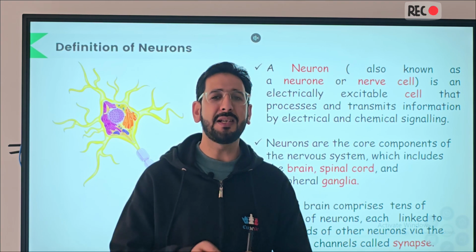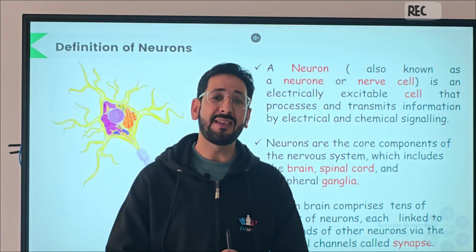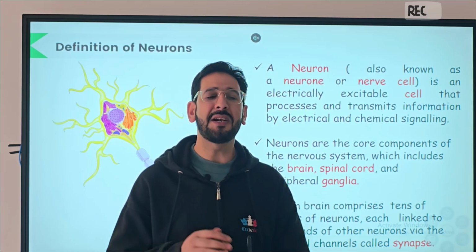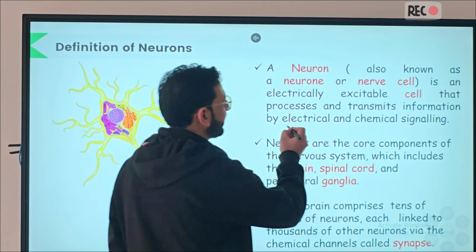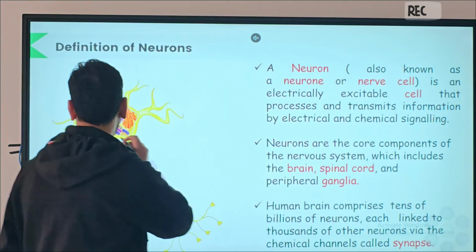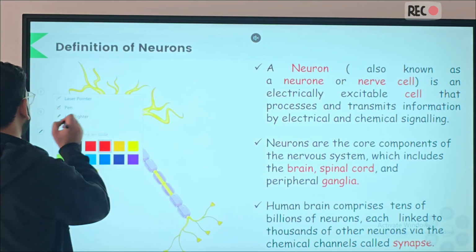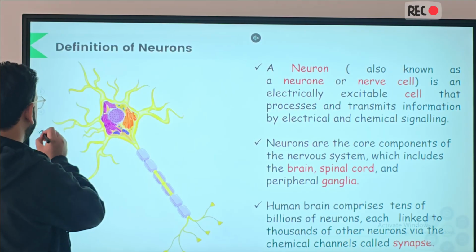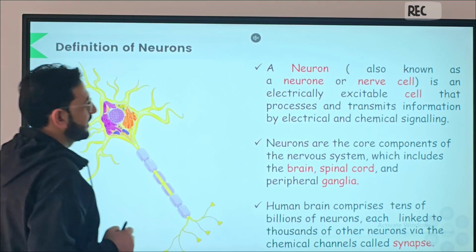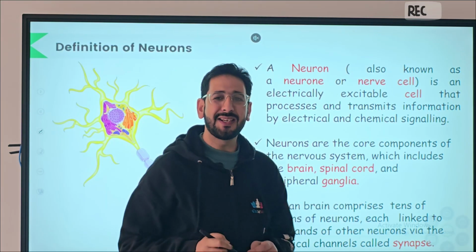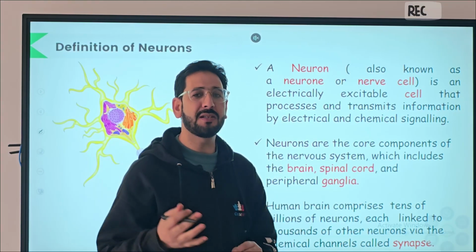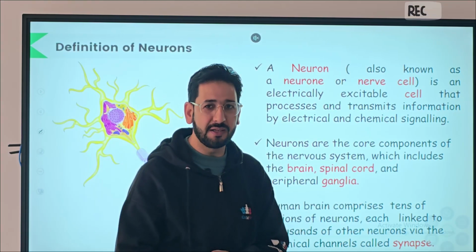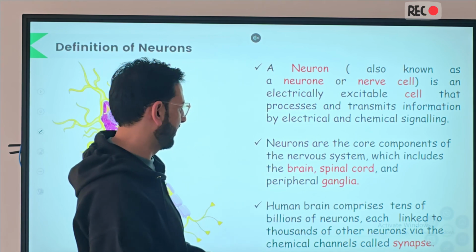It is an electrically excitable cell that is meant for processing and transmitting information by electrical and chemical signals. So neuron is an excitable cell that processes and transmits information by electrical and chemical signaling.